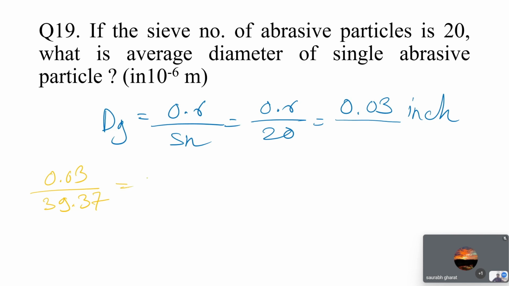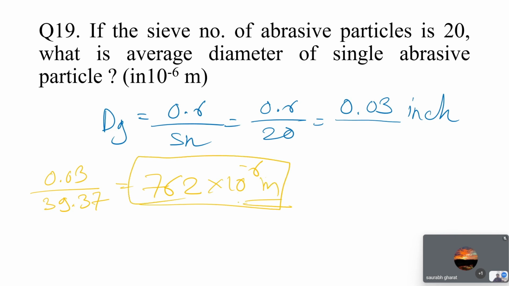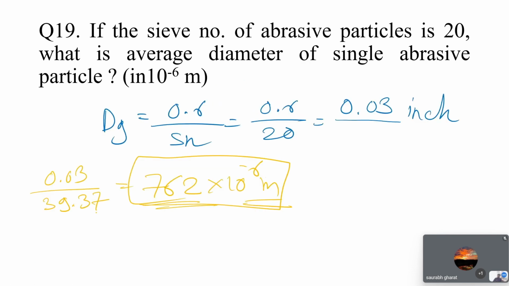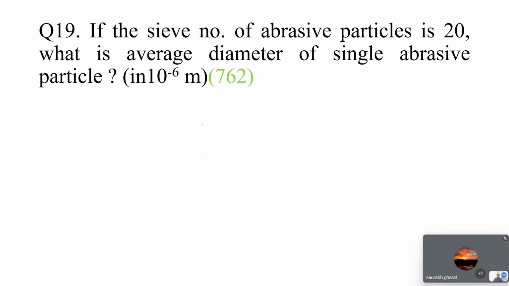What is your answer? 762 micrometers, which is 762 into 10 to the minus 6 meters. This is almost 100 times bigger. See the sieve number and the relation. 762 is the correct answer.